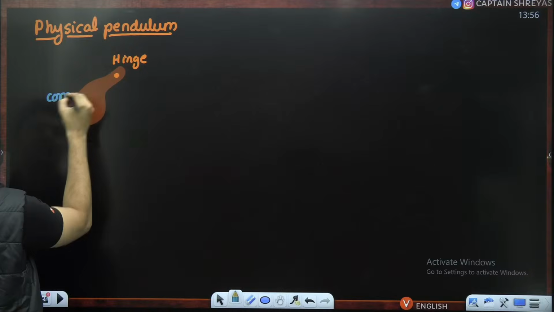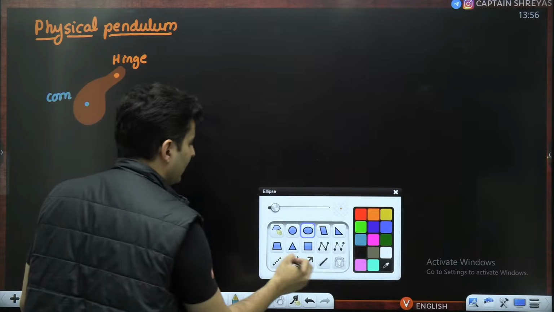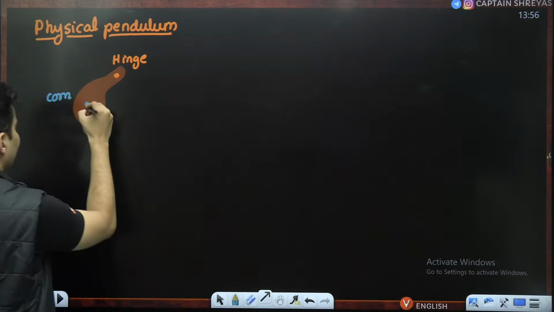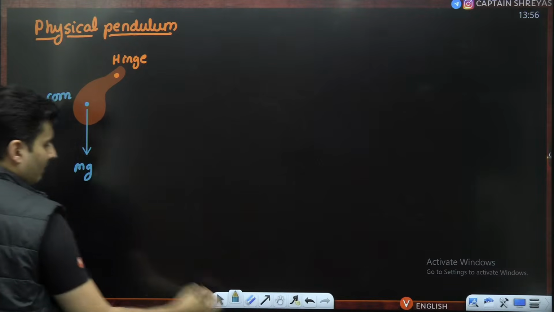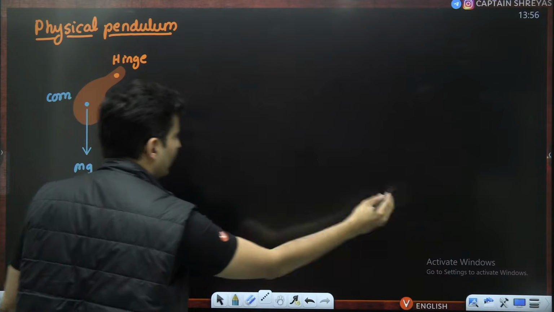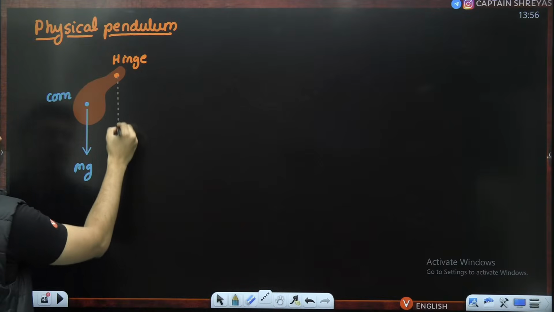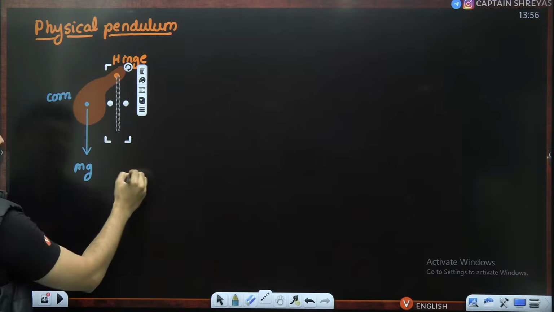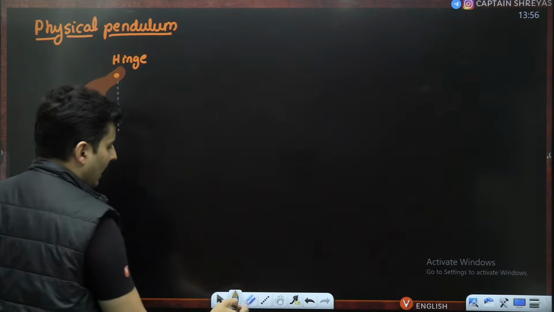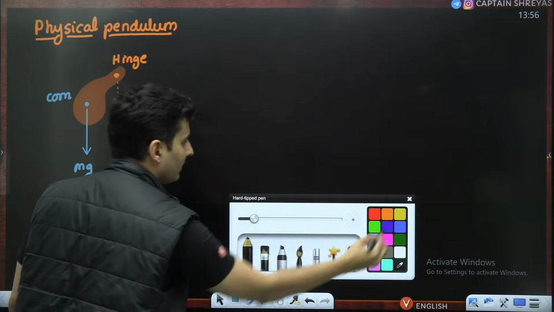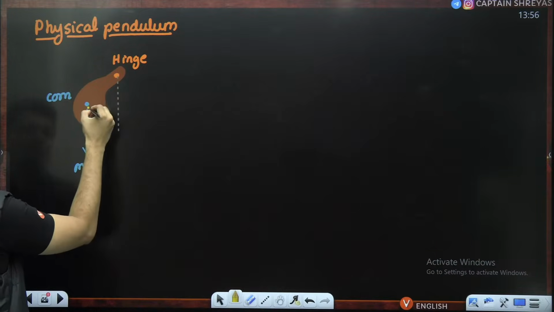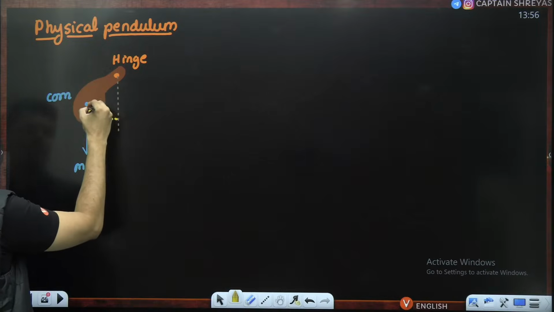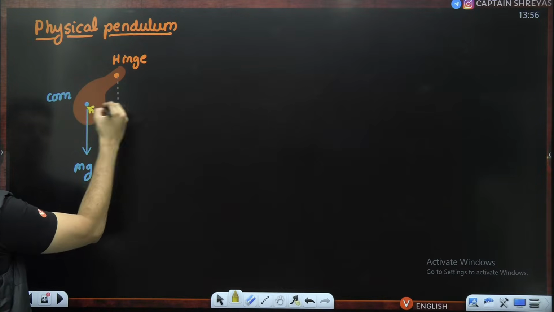This is where the center of mass is, and exactly from the center of mass we know the weight will act. So mg will be here. Usually the center of mass should be vertically below the hinge point, then it will be stable. But as you can see very well over here, the center of mass has been pushed away from the equilibrium position by some angle, like you can see over here.